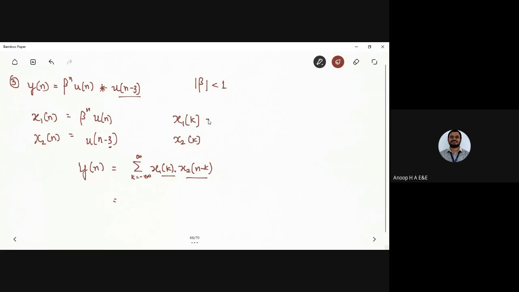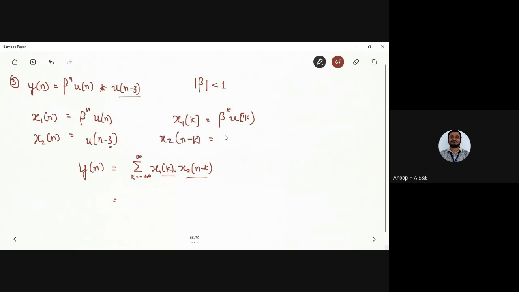So x1 of k is given by beta power k u of k, and x2 of n minus k is the change here.